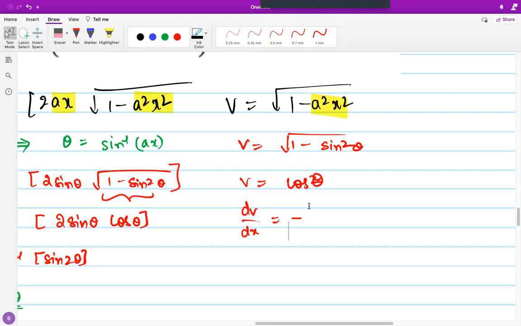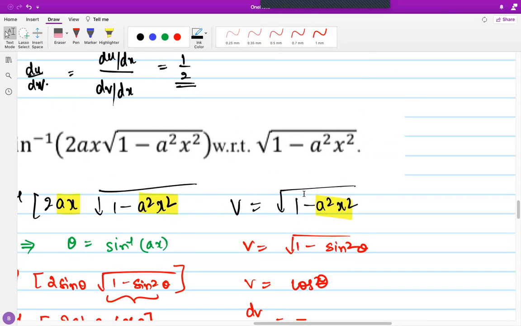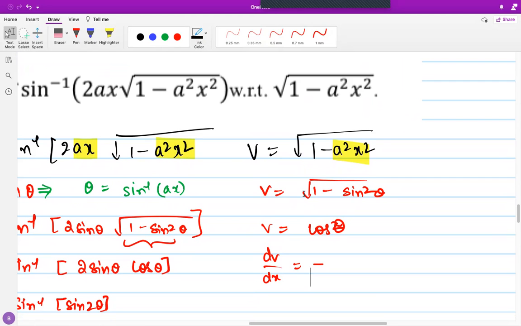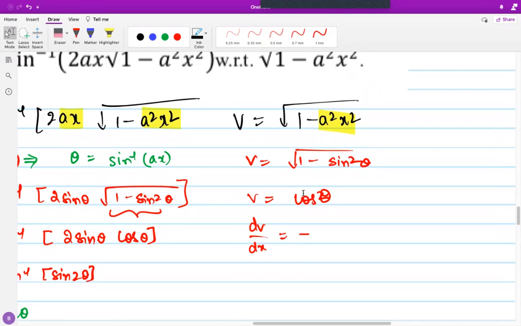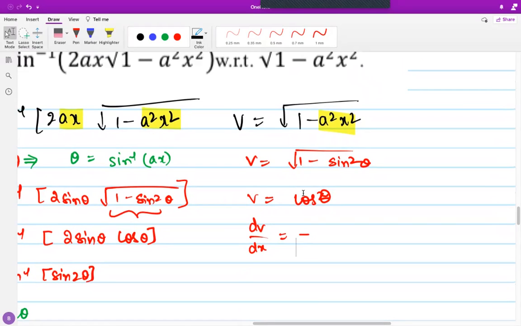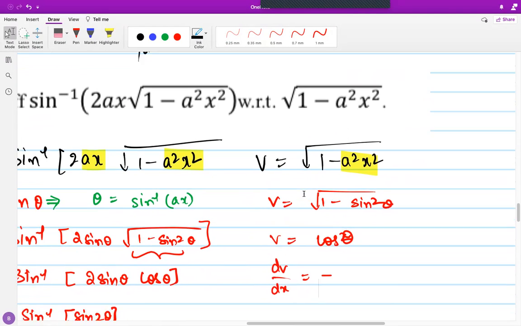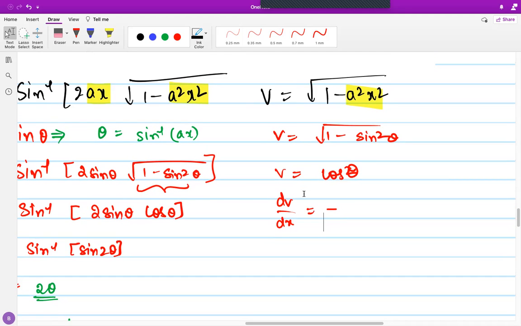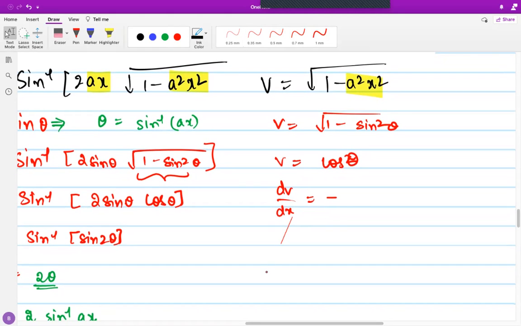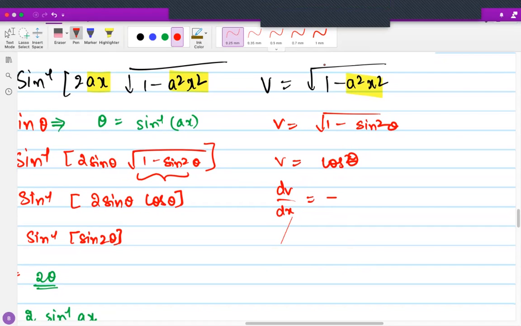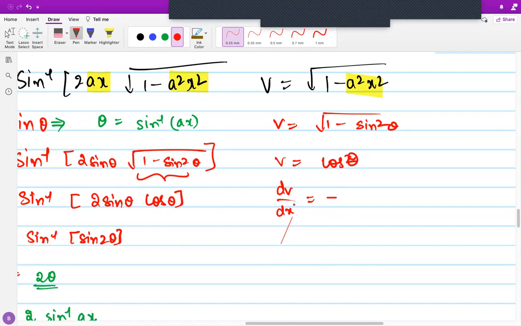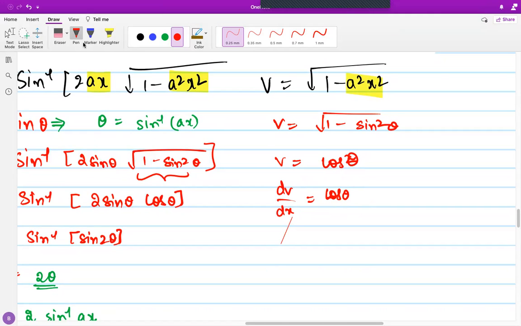Let me check that I've written the question properly. But when I substitute a square minus x square, why can't we do it directly? This question you can differentiate directly, so sure, I can do this question, no problem.